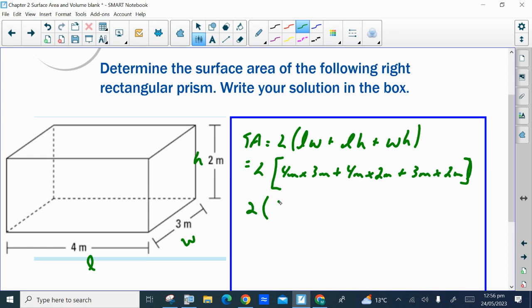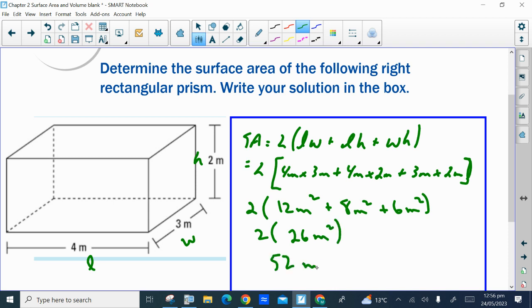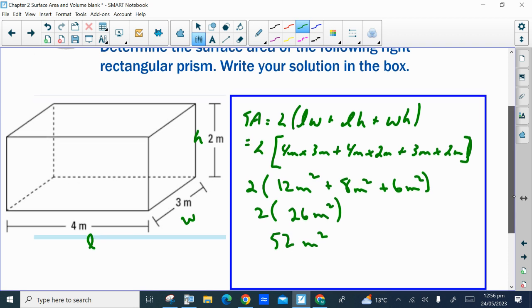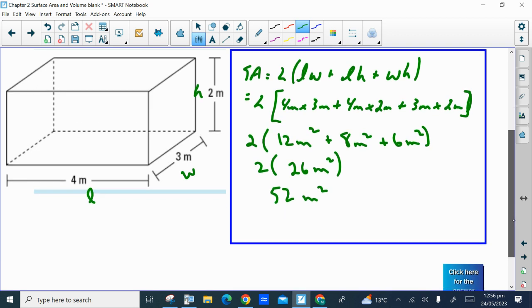So 4 times 3 will be 12, and you're also multiplying meters times meters, which gives you meters squared. 4 meters times 2 meters is 8 meters squared. 3 meters by 2 meters is 6 meters squared. If you add those up, you're going to get 26 meters squared times 2 would be 52 meters squared. There's the surface area of that rectangular prism.